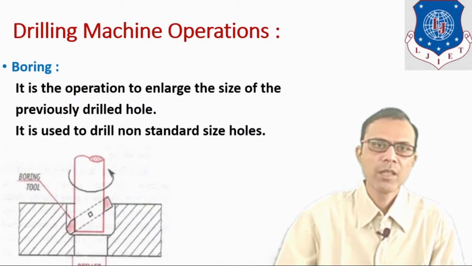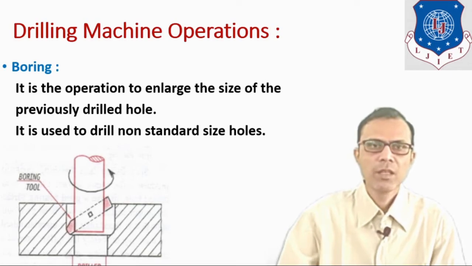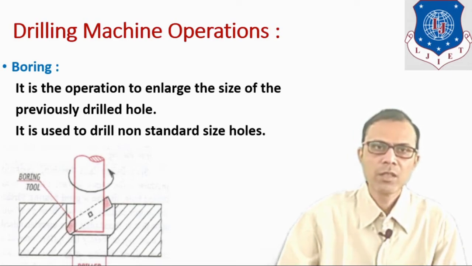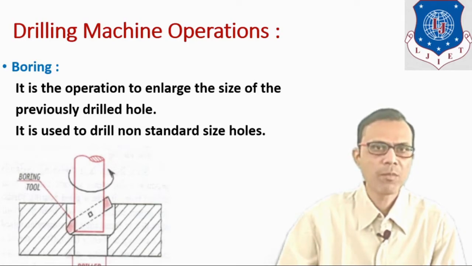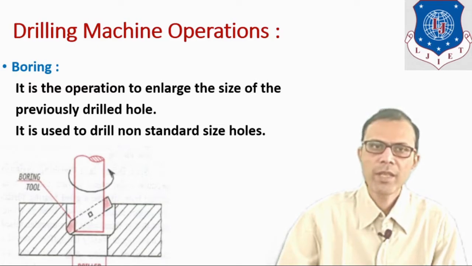The next operation is boring operation. Basically, it is the operation to enlarge a previously drilled hole. Sometimes it happens that to produce the required size of the hole, the necessary drill bit is not available. For example, we want to produce a hole of size 27 mm and the available drill bit size is 25.4 mm, that is 1 inch.